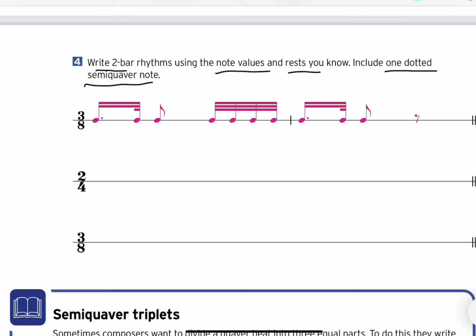As you can see in the first example, it is 3/8, and that means we need 3 quavers in each bar. So you can see here is the one, okay, and 4 demi-semiquavers make one quaver. So we got 2.